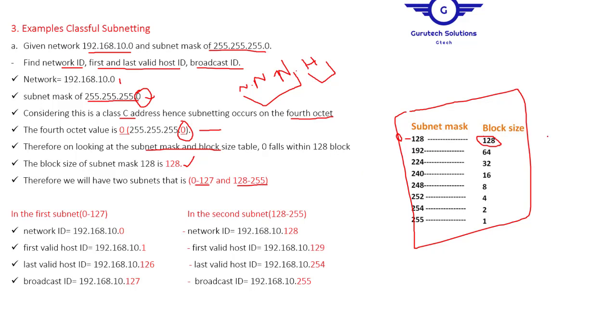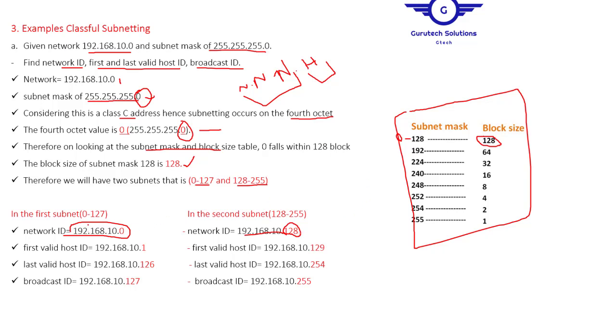Why did I say that block size helps us to move from one subnet to another? You can see the first network ID here is 0, but the network ID on the second subnet is 128. The block size has helped us to move from one subnet to another.